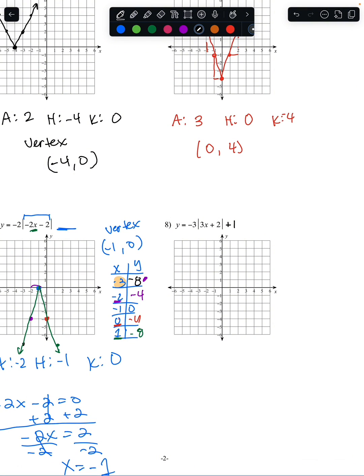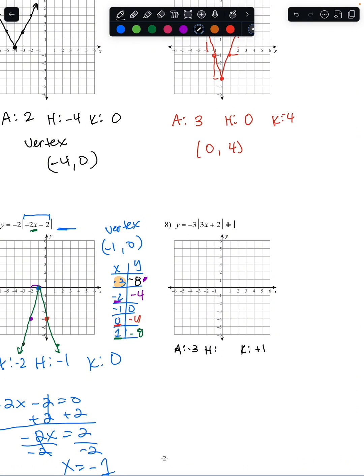Oh, okay, here we go. A, H, K. A is the easy one, negative 3. K is the easy one, positive 1. H, not the easy one so much, because I still got to figure out what makes that 0.